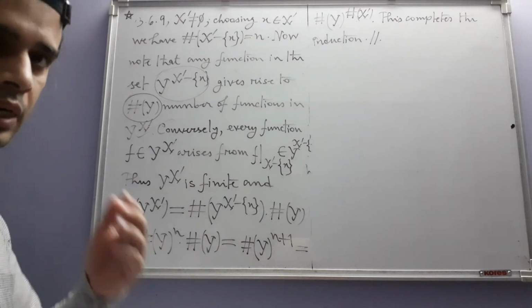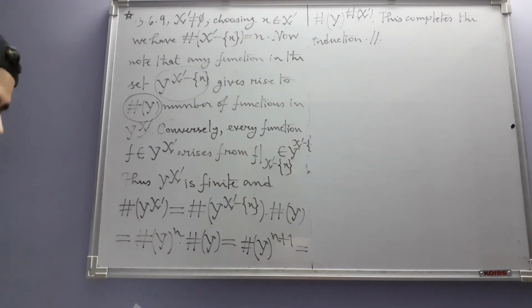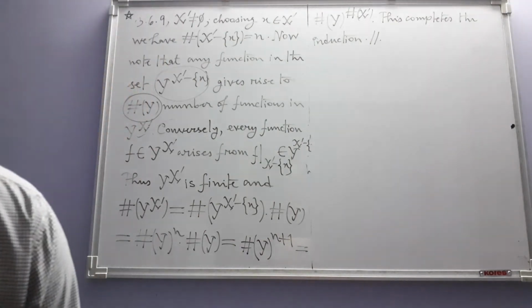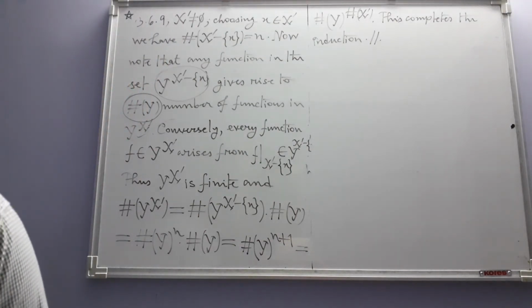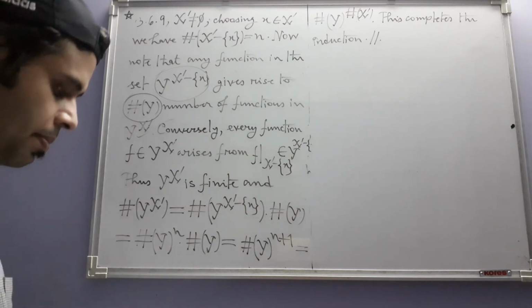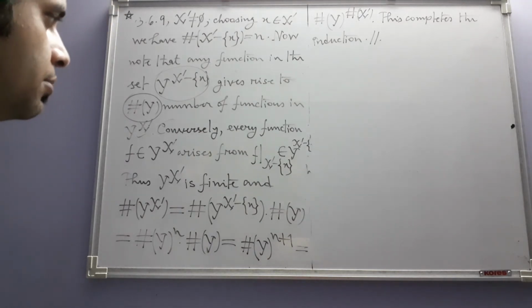So we now have cardinal arithmetic with us. Okay, so now we move on to the next problem. The next problem will give us an idea of how one can prove.